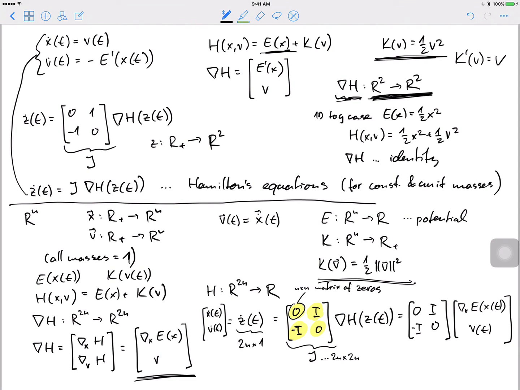Okay, so you can immediately verify that this is just a rewriting of Newton's equations of motion in this special form. And that form will be useful for us to talk about energy conservation and symplecticity. Those things are important because they determine, or strongly influence, properties of numerical integrators, okay?